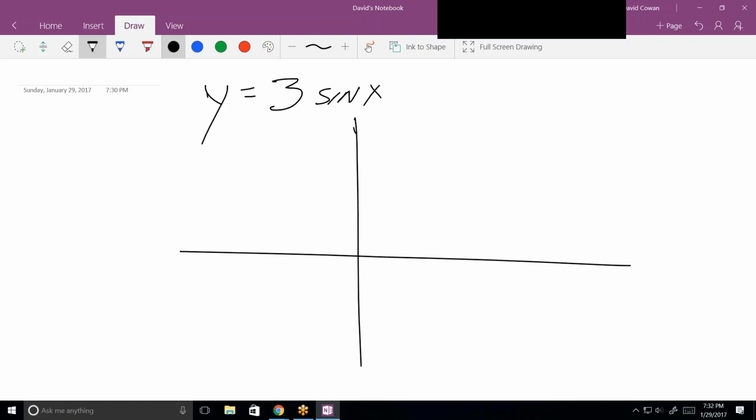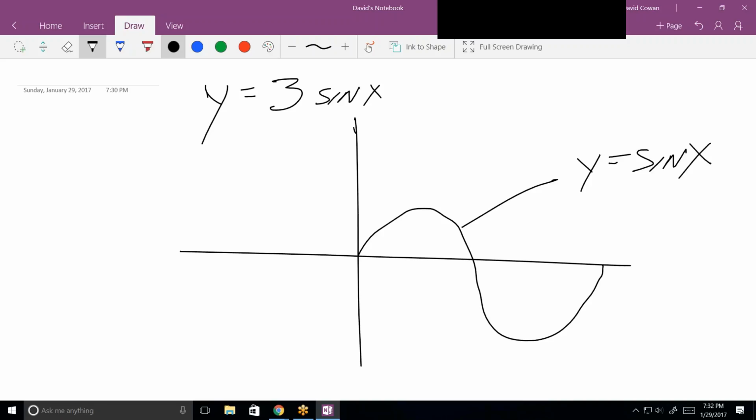I like the way they put that. Use transformations. To me, that's the logical way to treat sinusoid functions. So first I'm going to draw the parent function. That's y equals sine x. Now in red, what transformation is happening?